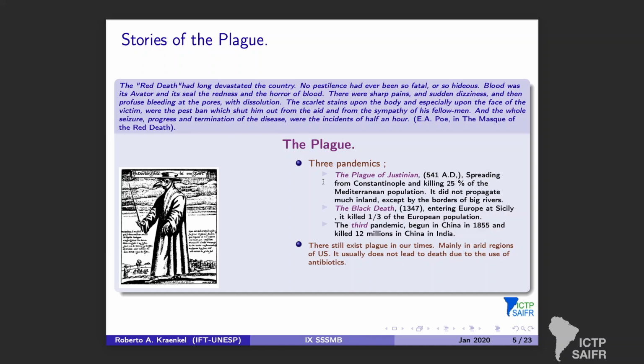So then there were lots of theories about diseases being connected to the quality of air or having some substance in the air, and that this somehow was the origin of the diseases, okay?